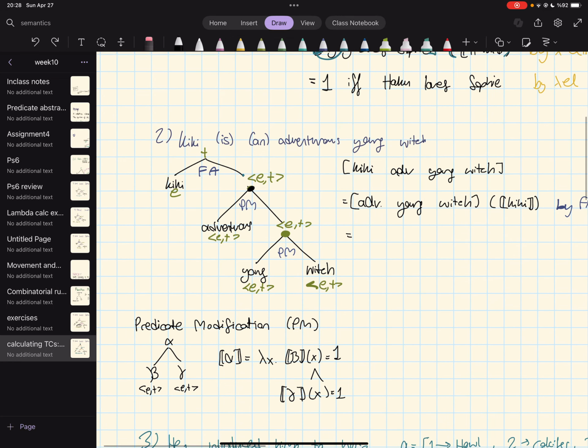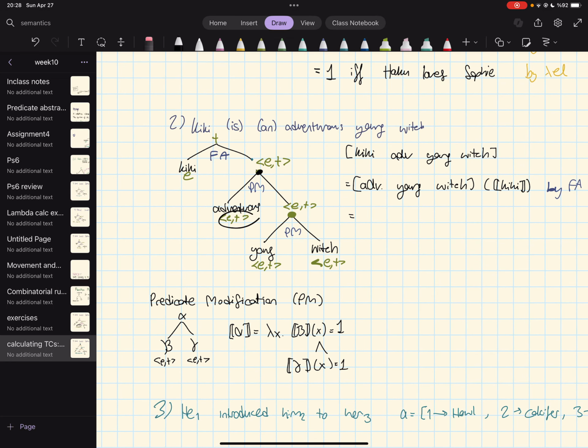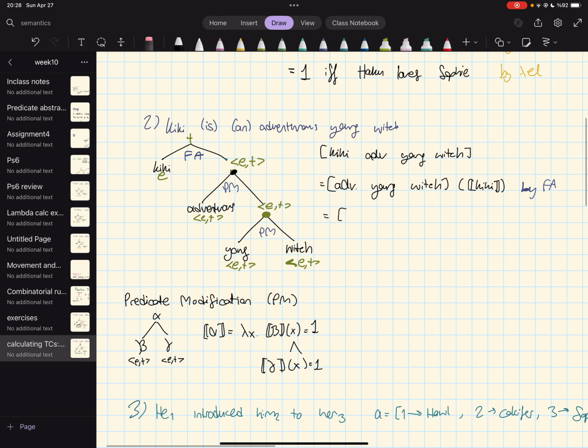Okay, the formula of predicate modification. Since I'm trying to write the denotation of their mother, what I would need to do would be to use lambda calculation. So I'm starting off with lambda x such that β, in this case it's adventurous. I'm taking adventurous as the function. βx denotes 1. I'm just applying the formula that you see over here.